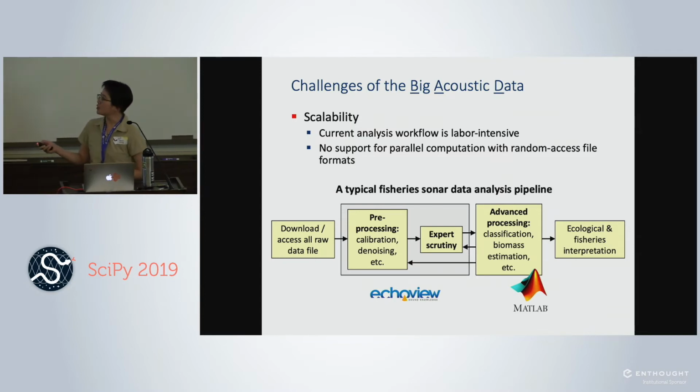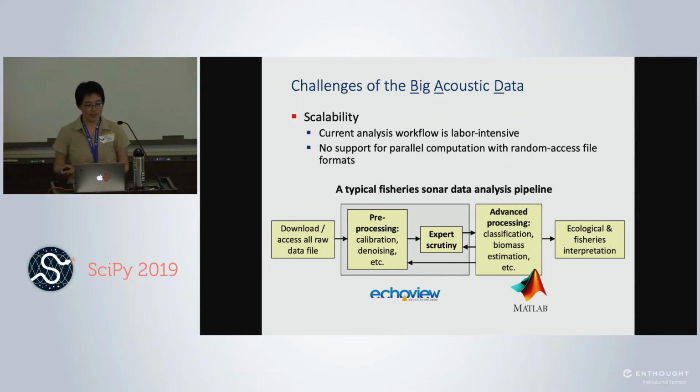Then we can go into advanced processing to do species classification or biomass estimation, and so on and so forth. And once we reach this stage, we can finally analyze and answer our scientific questions in ecology or fisheries, right? But then we all know what the problem is here. In the middle, there is a human sitting in the loop, right?